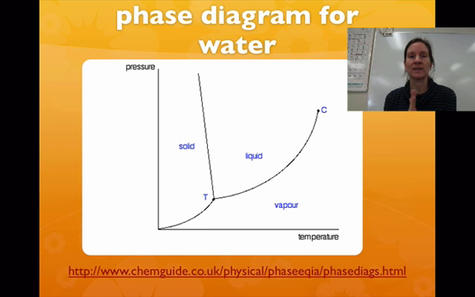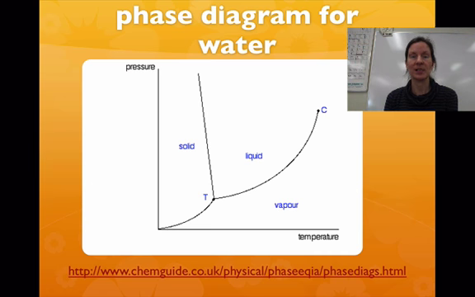Once I've exceeded the temperature of the critical point, I can't increase my pressure to get it back into a liquid. Or once I've exceeded the pressure of the critical point, I can't decrease my temperature to get it back to a liquid. At this point, you really just have a gas all the time. If you increase the pressure or decrease the temperature, you'll just have a colder gas or a highly compressed gas, but you won't have a liquid.